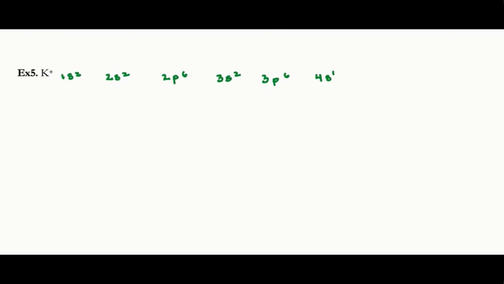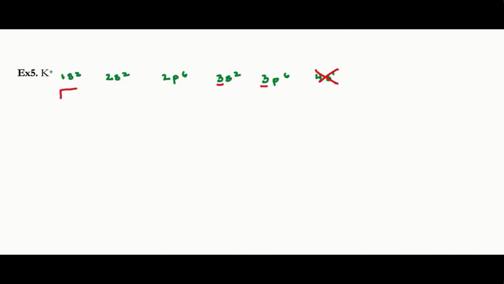Remember, the energy of your electrons increases as you move from left to right. So 4s is the highest energy. So I'm going to remove that 1 electron. Well, when I remove that 1 electron, I actually completely get rid of this orbital right here. So what I'm left with is 1s2, 2s2, 2p6, 3s2, 3p6. That is 8 valence electrons because the 3rd energy level is now my highest energy level, and I've got 8 electrons in there.